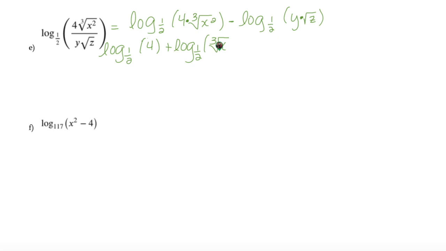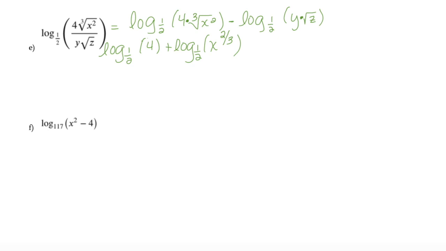Before I do that, let's turn the cube root of x squared into an exponent. So we'll have x to the power of the inside exponent over the index. And this will be helpful for us in the next step when we use the power rule.